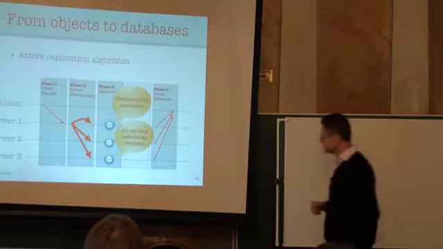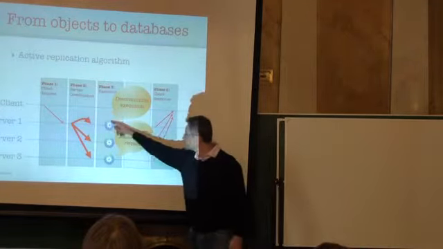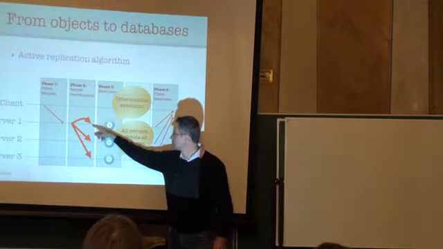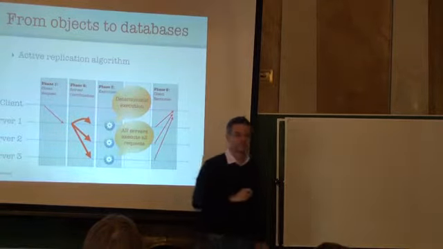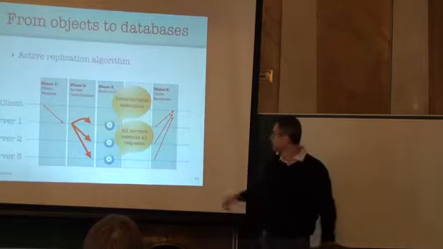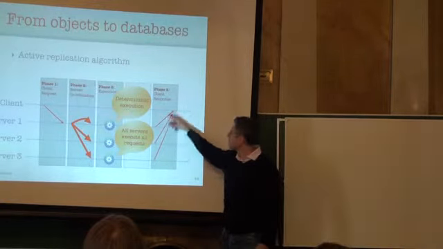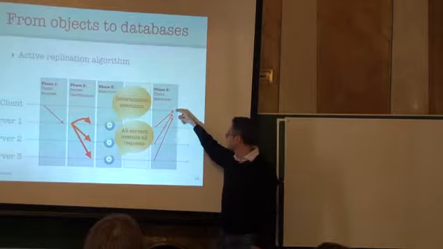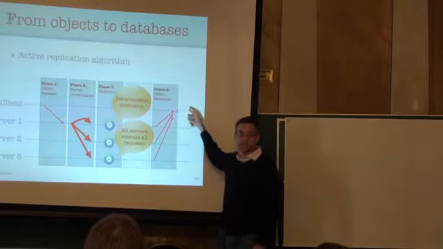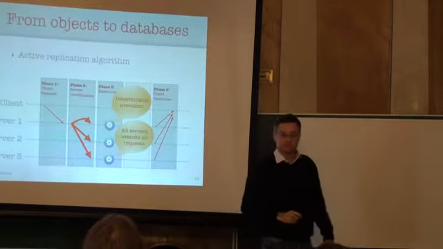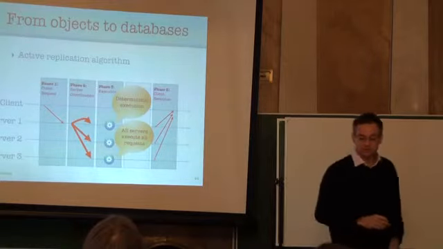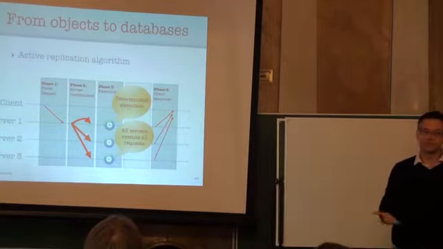Then in phase 3, each server, upon delivering this command, locally executes it and changes its internal state. All the servers reply to the client. The client only has to wait for the first answer, and then it knows that its command has been executed. That's the general idea of the technique.